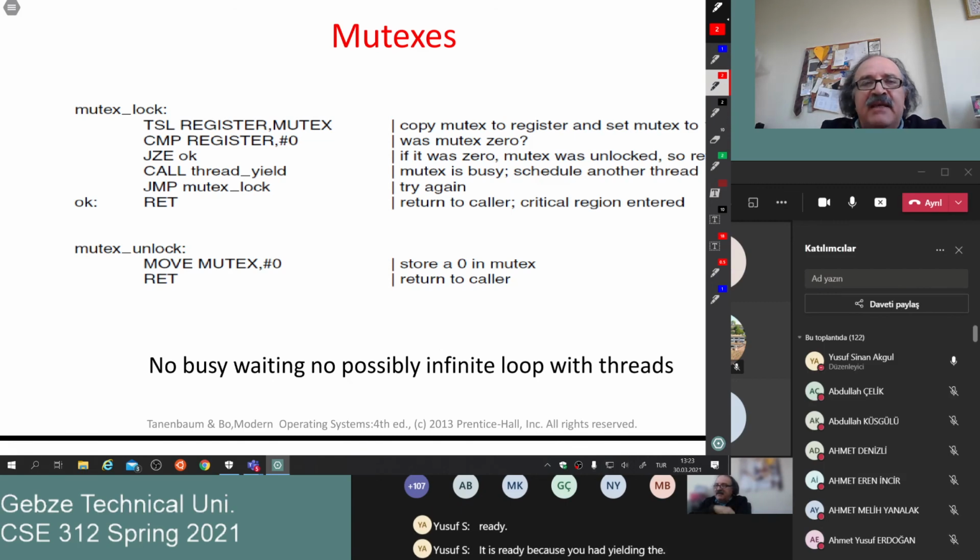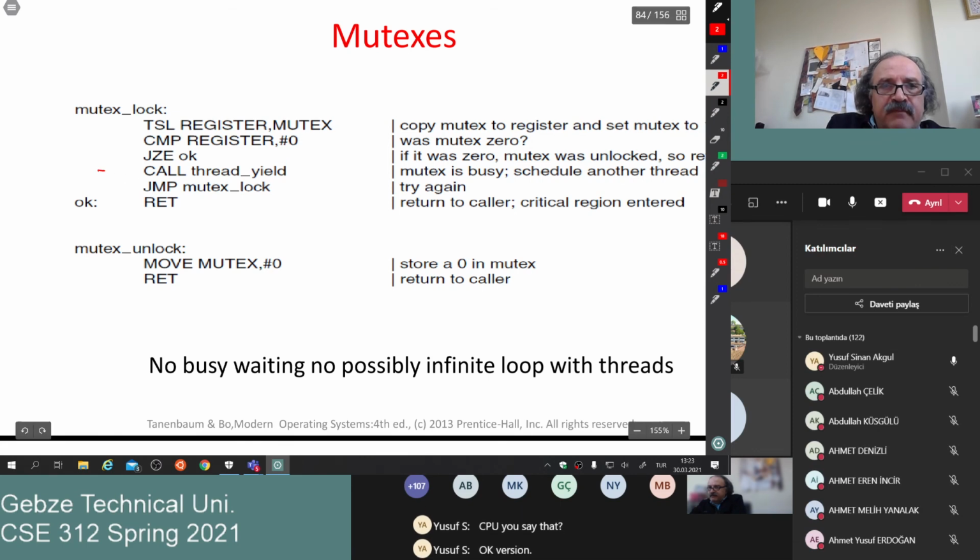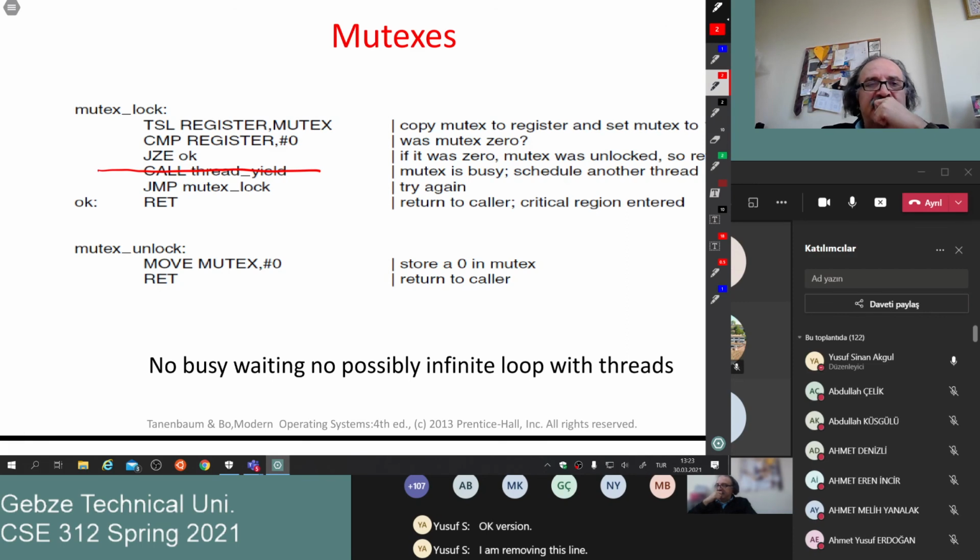Question: I am removing this line. Does this mutex work?